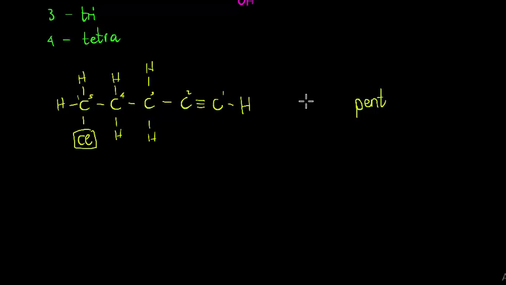So I would have a 5-chloro, because the halides get the o prefix, and then pent-1-yne. It would not be necessary to write that 1, but I'm going to include it as well.